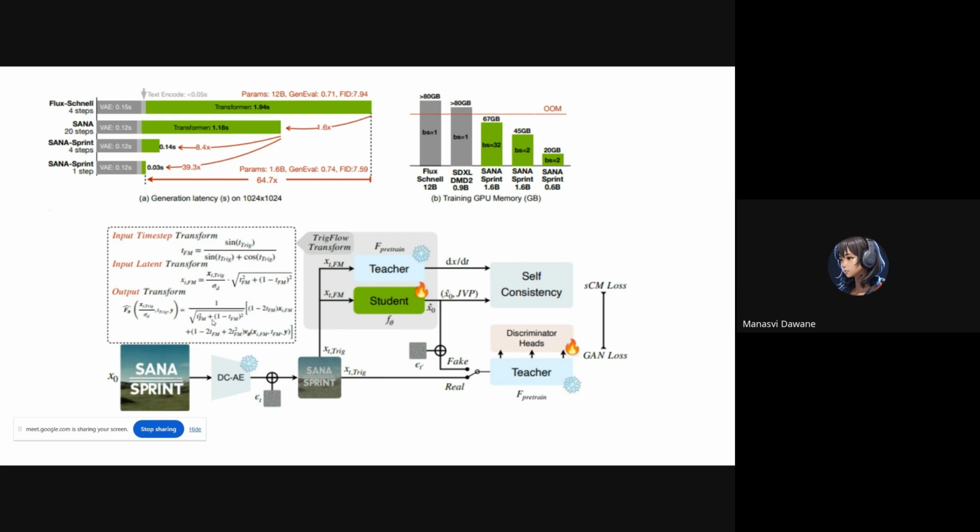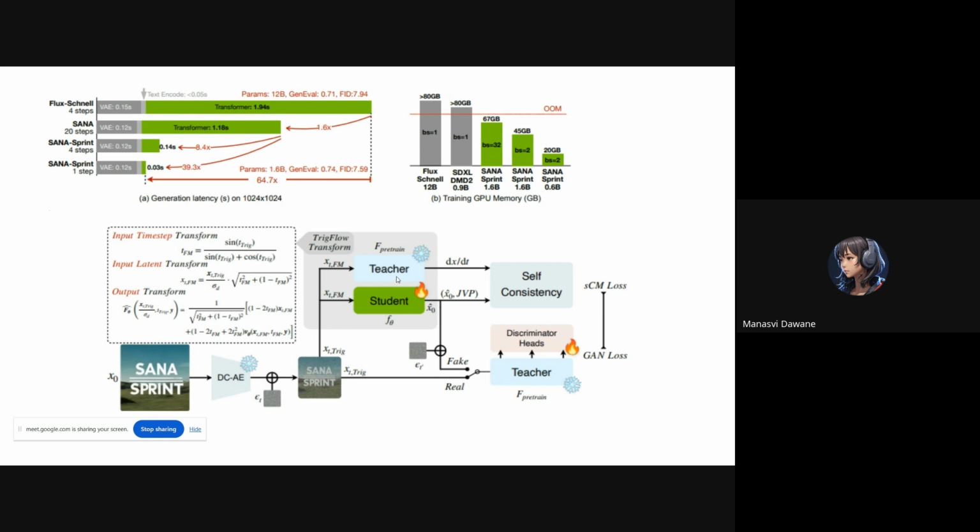It converts the student's output back to TrigFlow format for consistency loss computation. So yeah, then I said why we need these transforms. There is no need to train everything from scratch in this also.